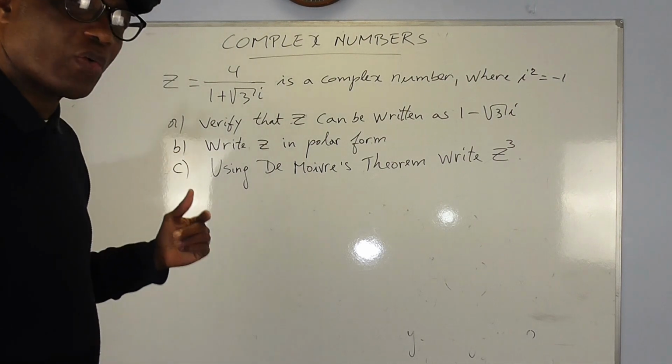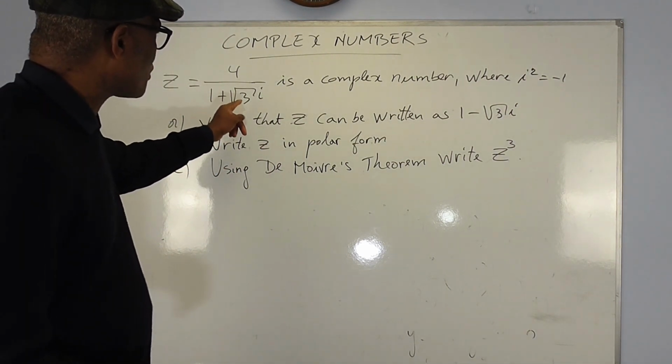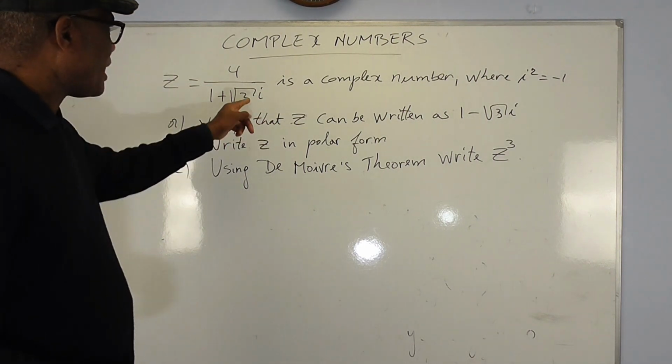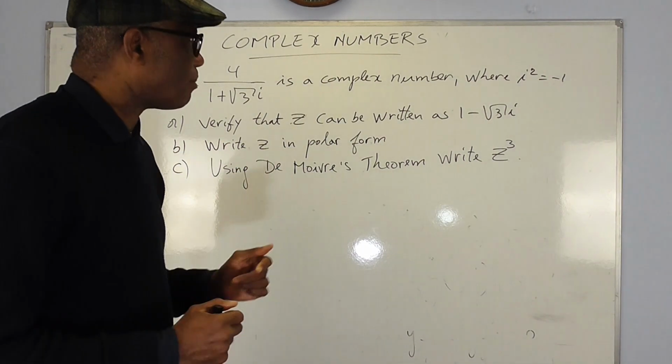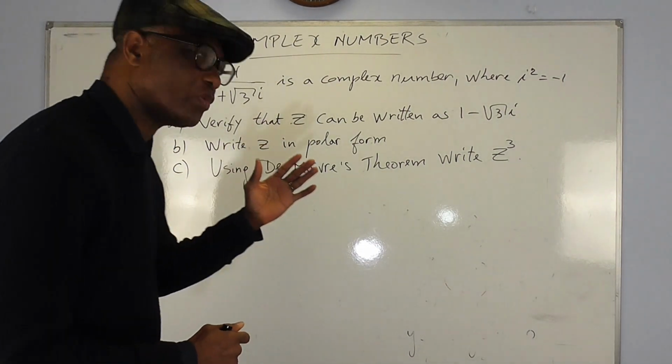Z is equal to 4 over 1 plus square root of 3 i, where the i is outside the square root, and they say it is a complex number where i squared is equal to minus 1.